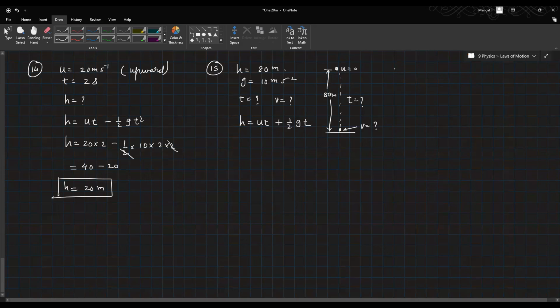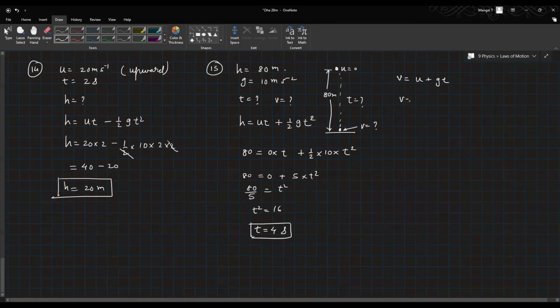Initially it is 0 because the pebble is released. So this is 80 equals 0 × t plus ½ × 10 × gt². So t is 4 seconds. So that is 0 plus 10 × 4, and the velocity will be 40 meters per second.